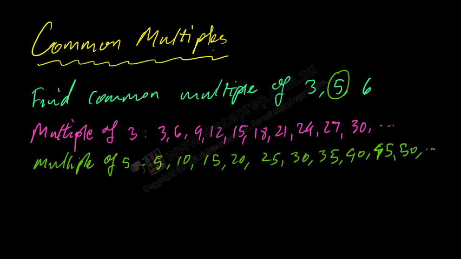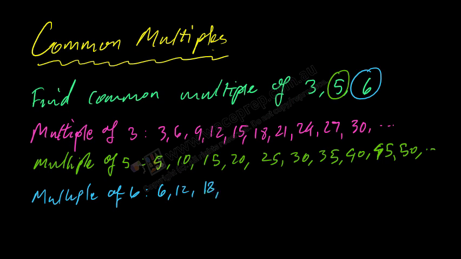And finally we need to find the multiples of our last number, which is 6. So multiples of 6 are 6, 12, 18, 24, 30, 36, 42, 48, 54, 60 and so on.